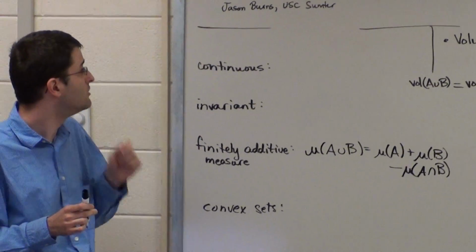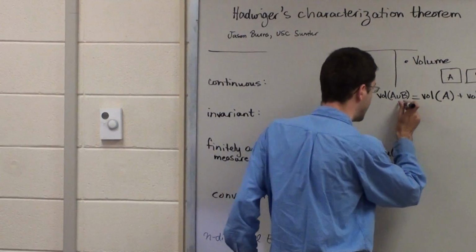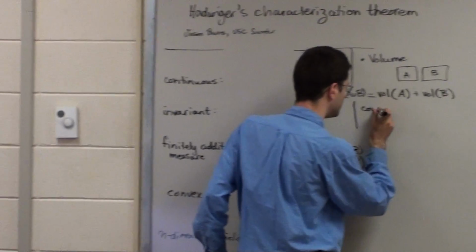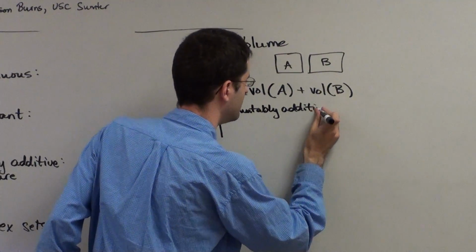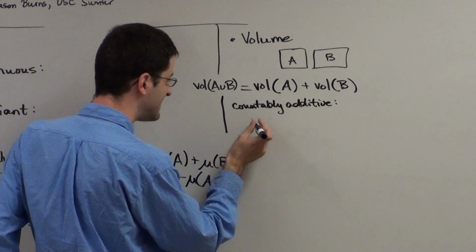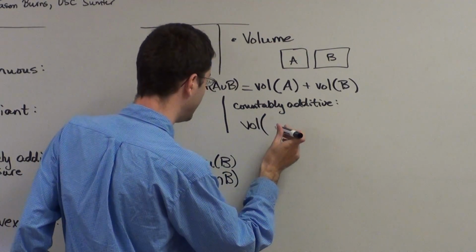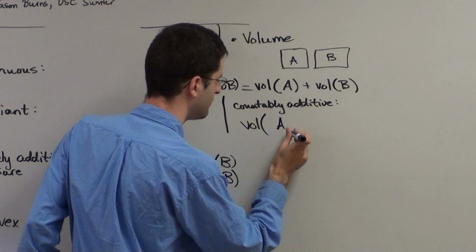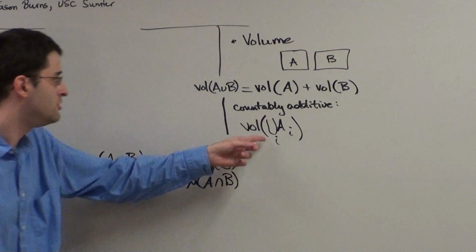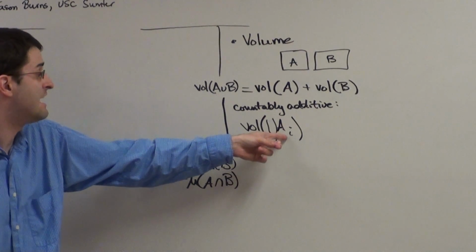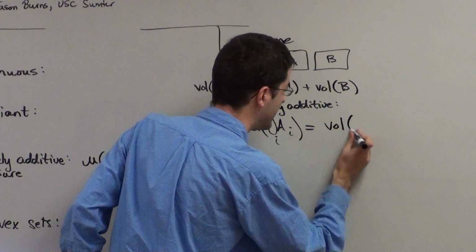Now, regular volume is actually more powerful than this. It's actually countably additive. So you could say, if you have the volume of a whole bunch of things, I'm not going to write infinitely many things, I'll just use the union of countably many of those things, it's just the sum of the volumes, even if you've got infinitely many of them.